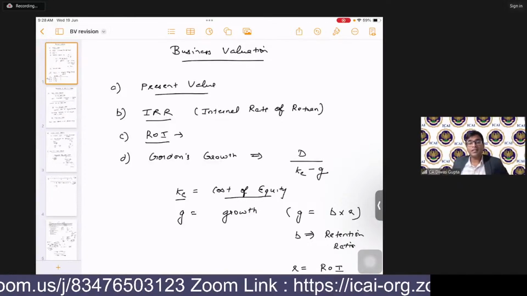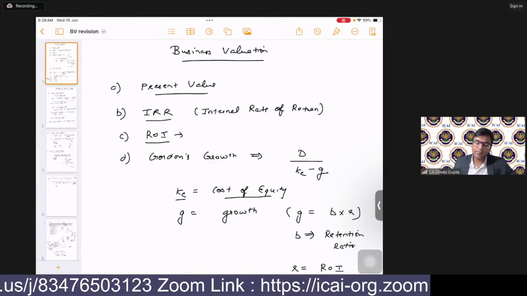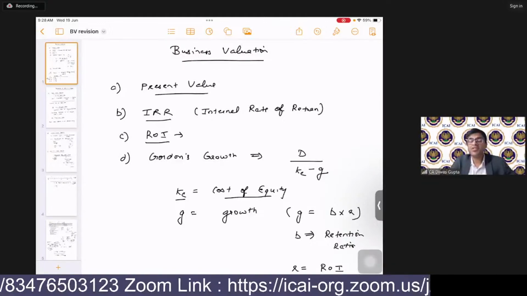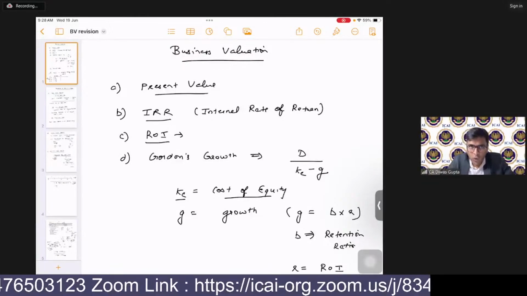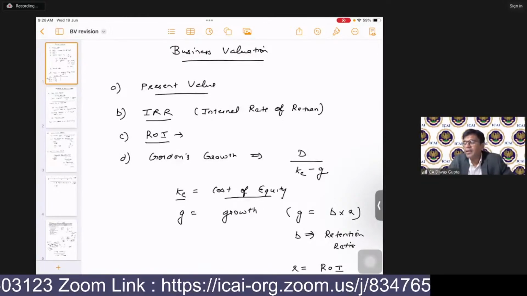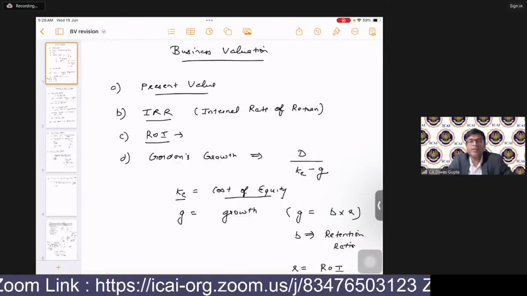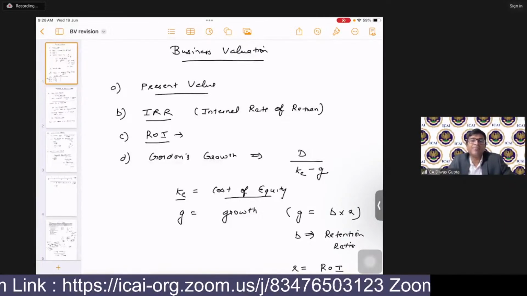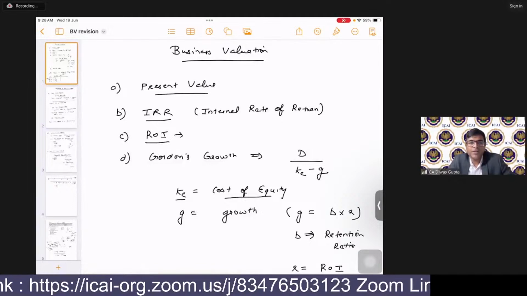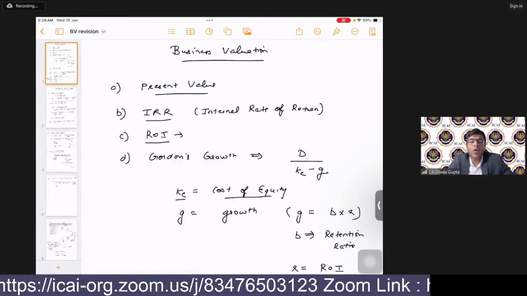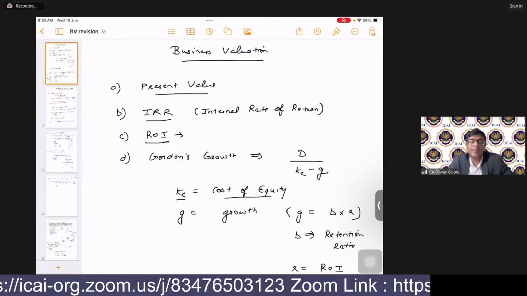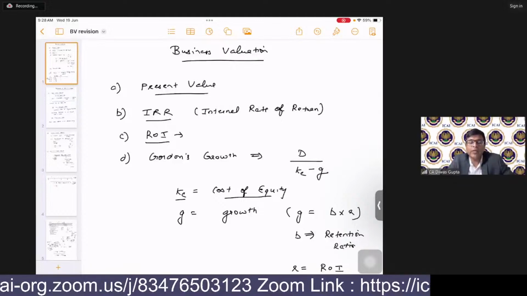Business valuation is an important topic. The reason being, valuation is needed in a lot of things as of today. If I talk about Ind AS, Indian Accounting Standards, Ind AS 113, fair value measurements, it prescribes how to value.